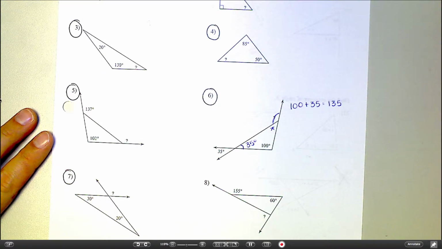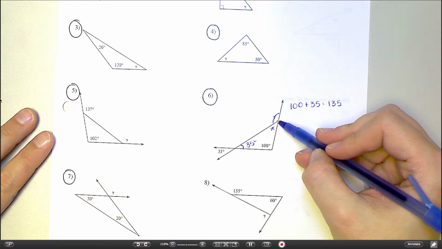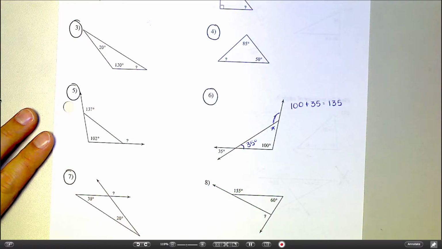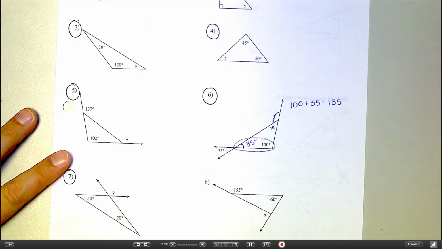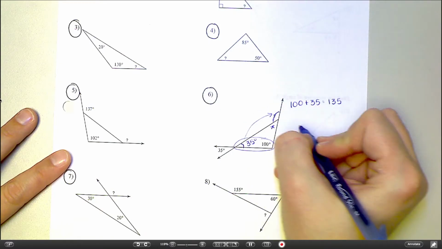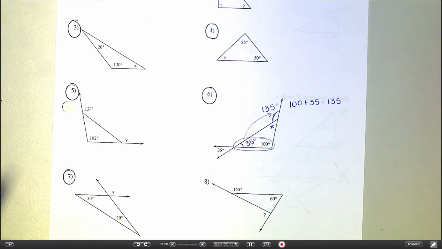Okay. If I'm looking for this angle, which 2 can I add together? Yeah, the 35 and the 100. Remember that rule we learned about the remote interior angles? So these 2 added together just equals that one. So my missing angle would be 135.